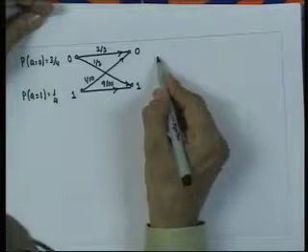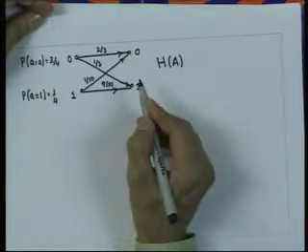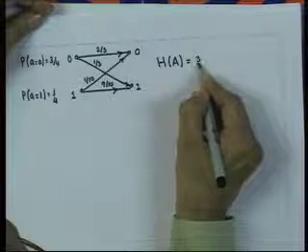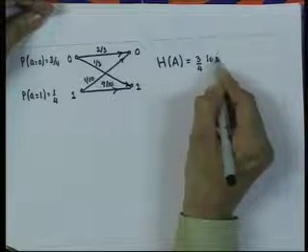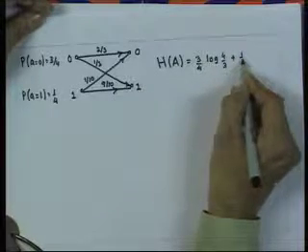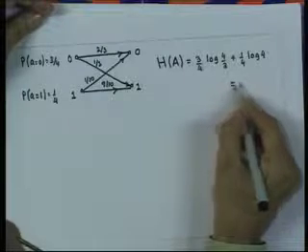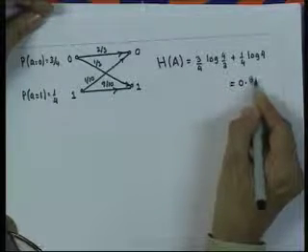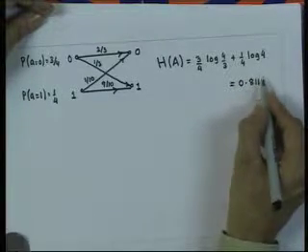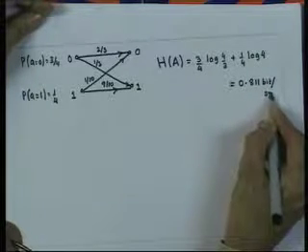Now for this we can calculate the entropy of the source, that is equal to 3/4 log 4/3 plus 1/4 log 4. This is equal to 0.811 bits per symbol.